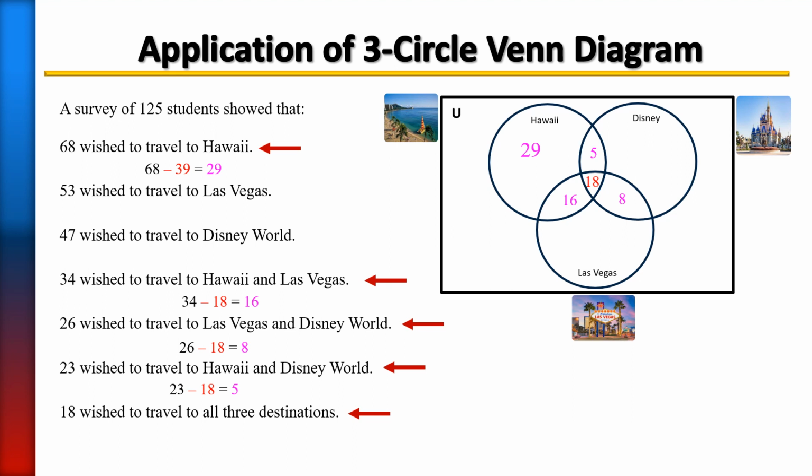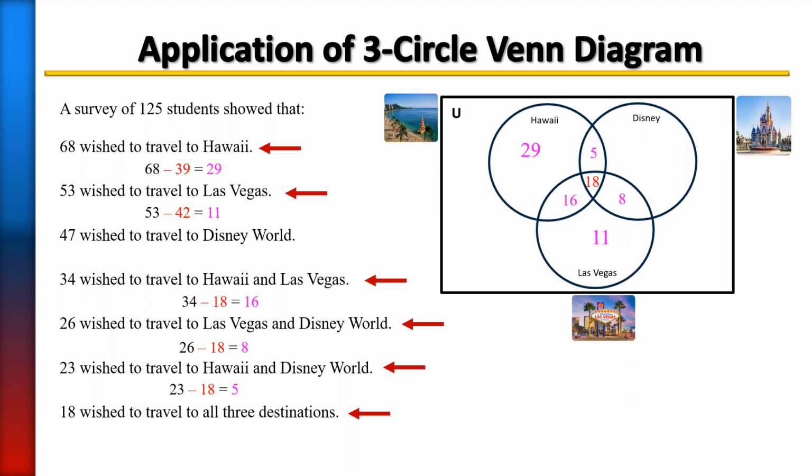Moving on down to Las Vegas to get the only for Las Vegas. Again, we have to account for the numbers that are already there. 16 plus 18 plus 8. Add them together. That's going to give us 42. Subtract that from the 53, and that will give us our only people for Las Vegas.